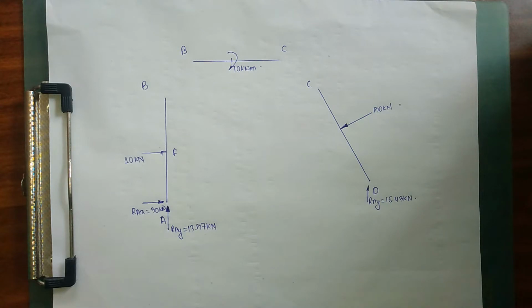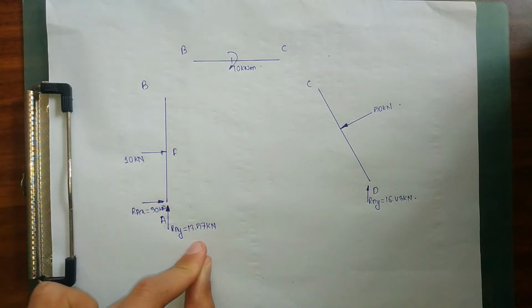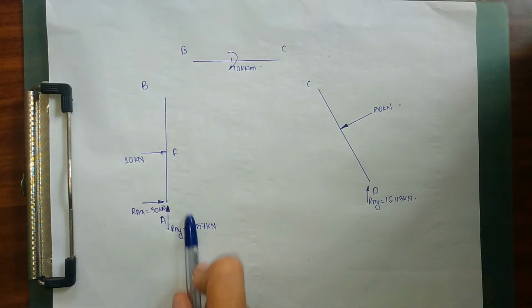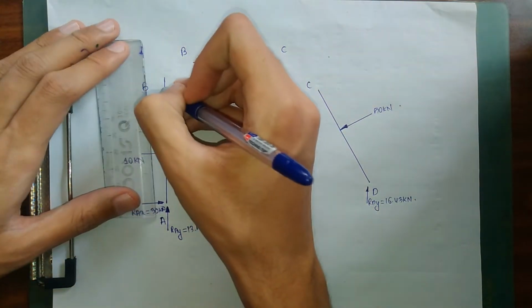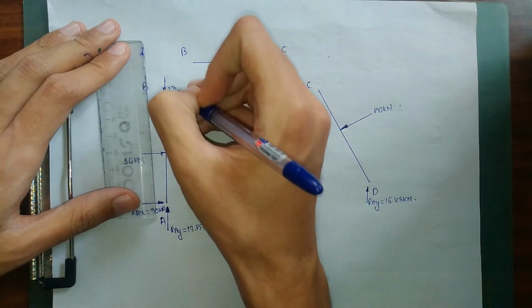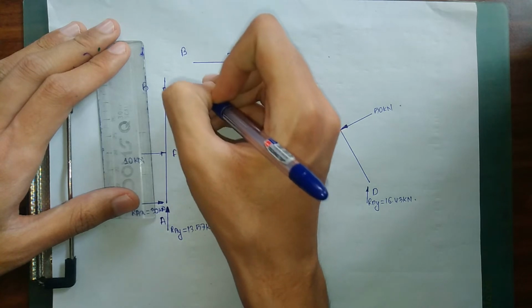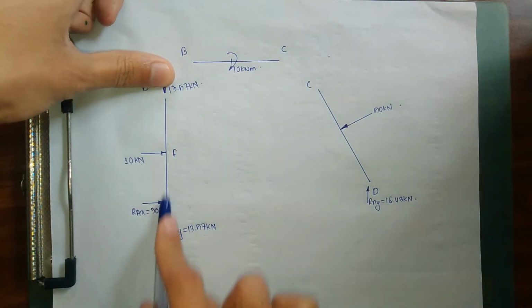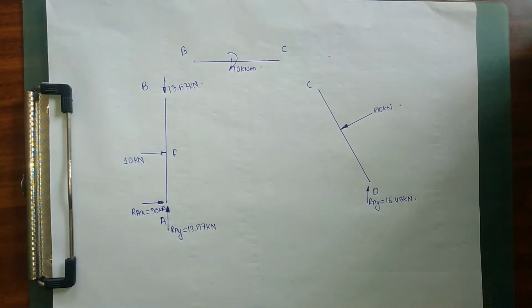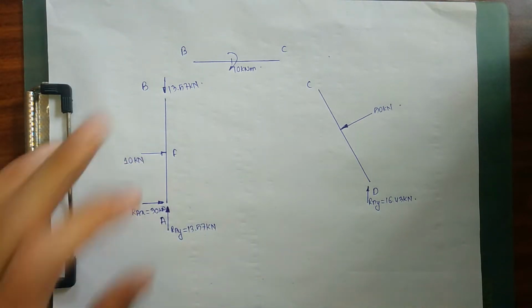In our portion AB, a force of 13.5 kilonewton is acting upward. So in order to maintain equilibrium, a force of 13.5 kilonewton must act downward. If no such force is acting, the force acting upward will push this member upward, and our member AB will not be in equilibrium.